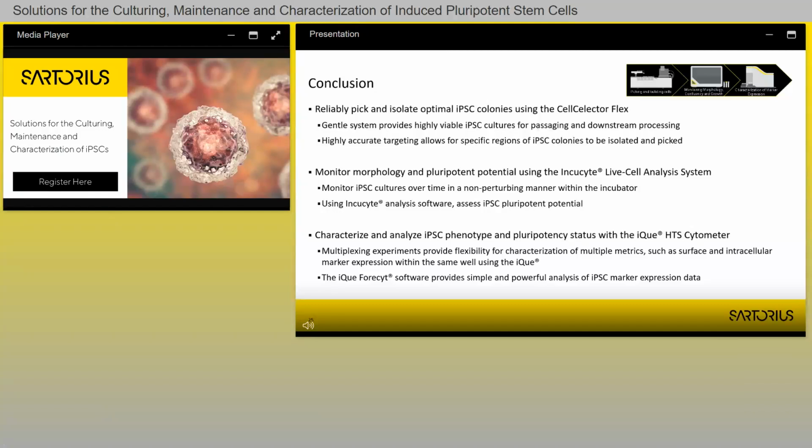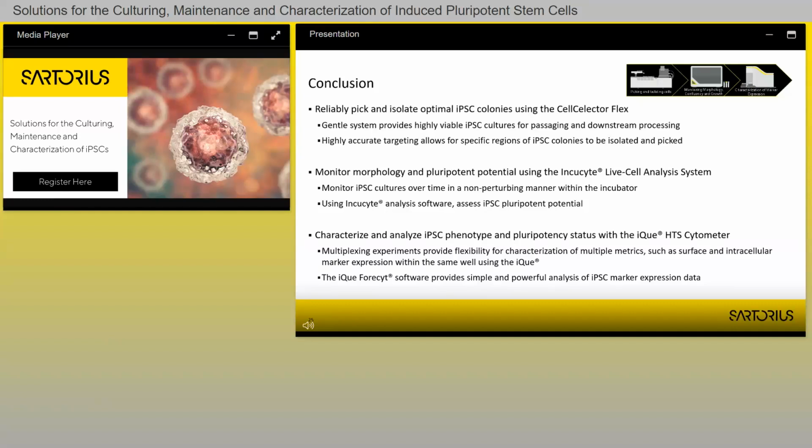So let's discuss what we've learned today. What we've shown is that we can reliably pick and isolate optimal iPSC colonies using cell selector flex. Because the system is gentle, it provides highly viable iPSC cultures for passaging and downstream processing. And due to the system's high levels of accuracy, you can target specific regions of iPSC colonies for isolation and picking.